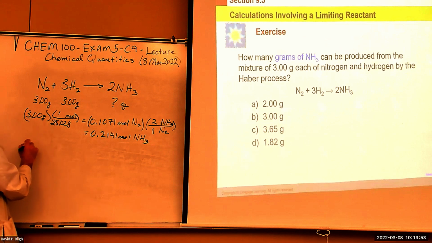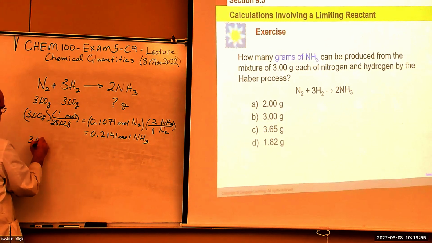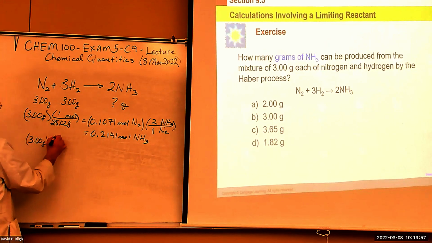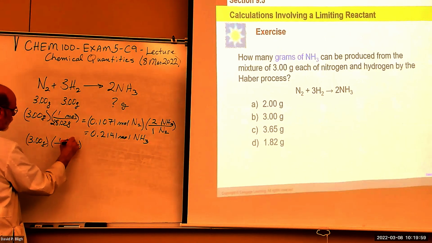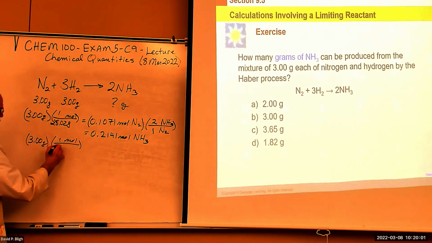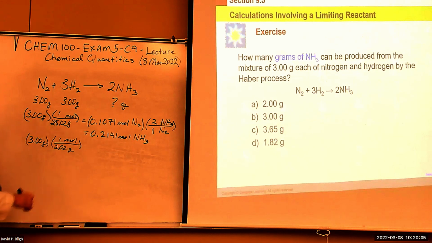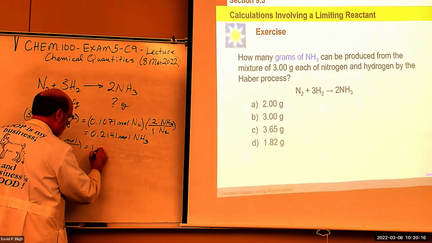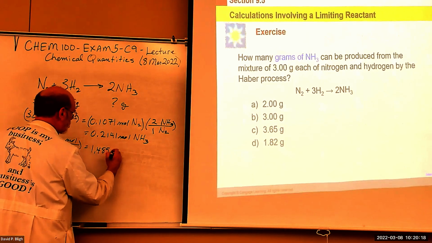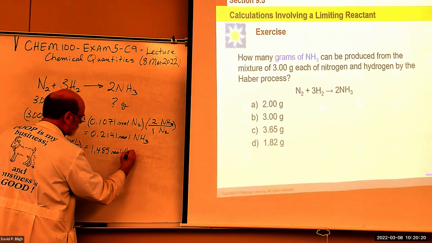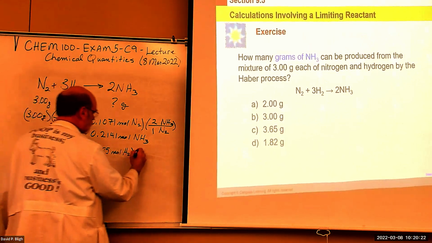How much would the hydrogen produce? 3 grams. 1 mole of H2 is 2.02 grams. So 3 divided by 2.02 is 1.485 moles of hydrogen. And let's convert that to ammonia.